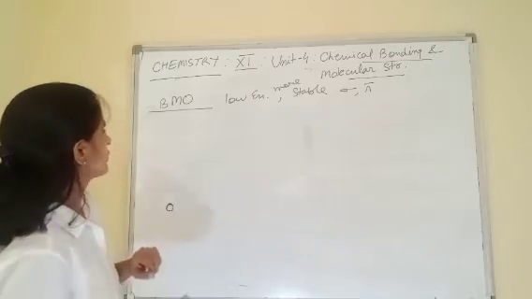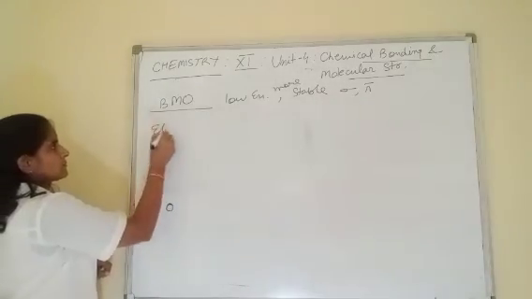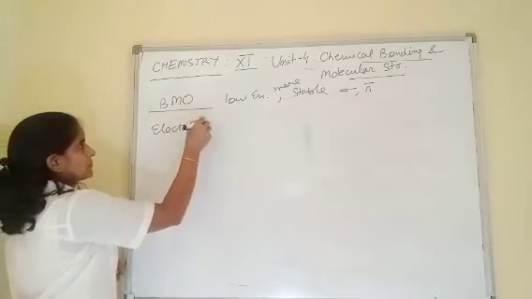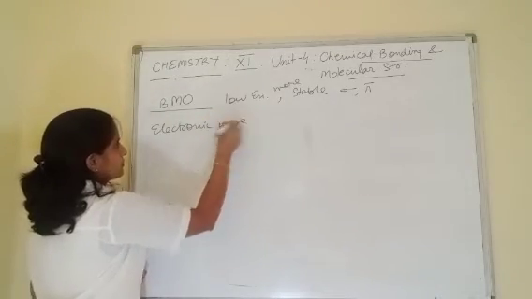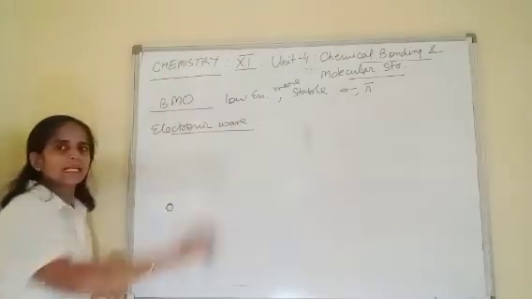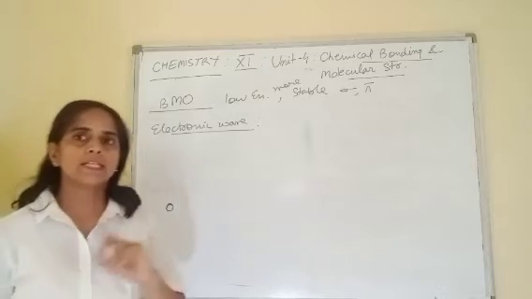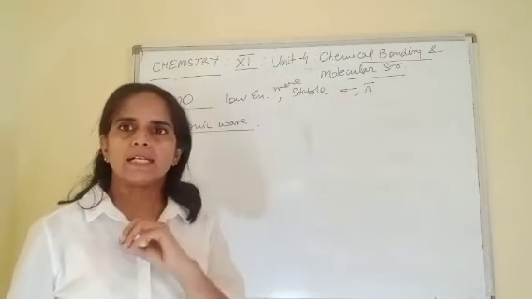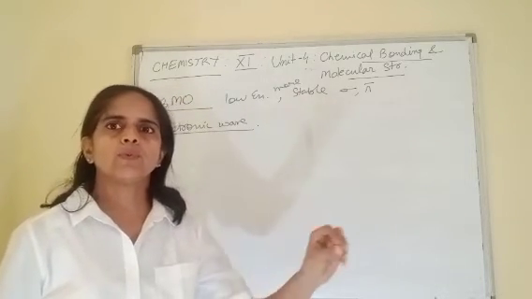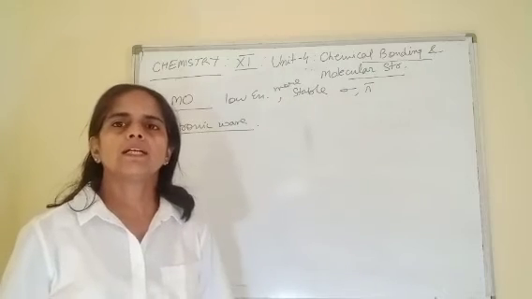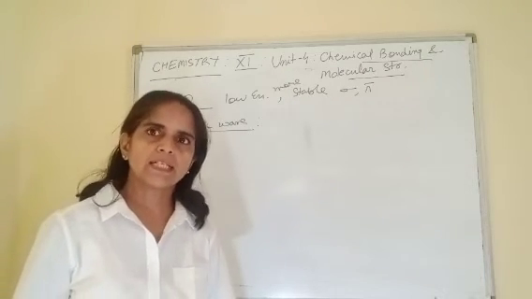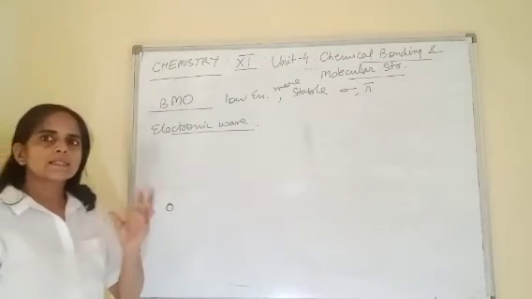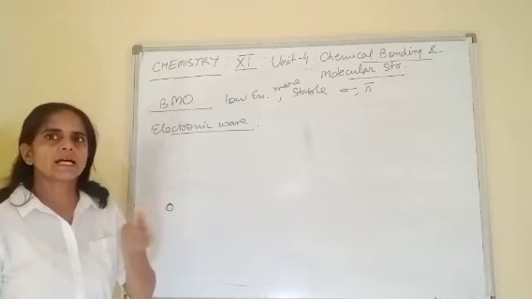Let us talk about electronic waves, moving towards wave mechanics given by Schrödinger. You must have read about Schrödinger's wave equation in the atomic structure unit. Got it now? So how are these wave functions represented?